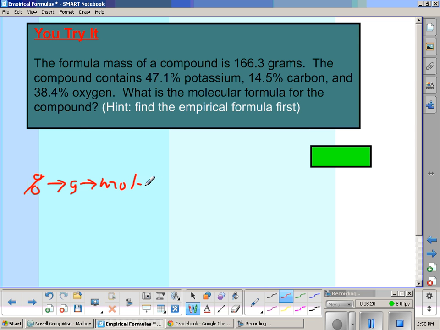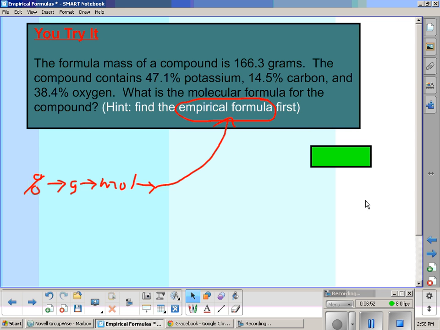From the moles, you'll get the number of atoms, and then you'll be able to write down your empirical formula right here. Once you have your empirical formula, you can find out how much it weighs using masses from the periodic table, and then divide 166.3 by how much your empirical formula weighs.